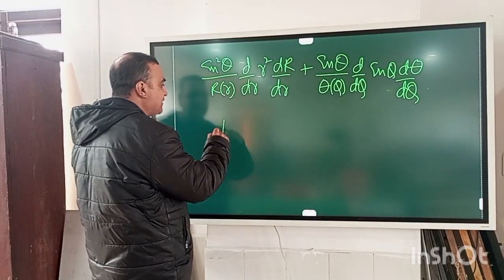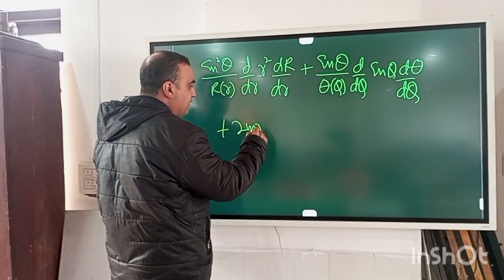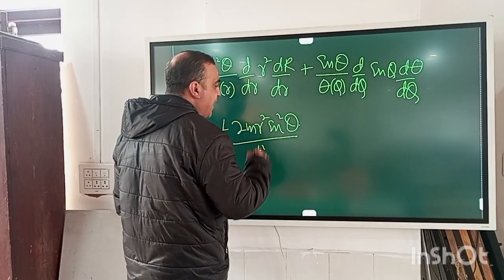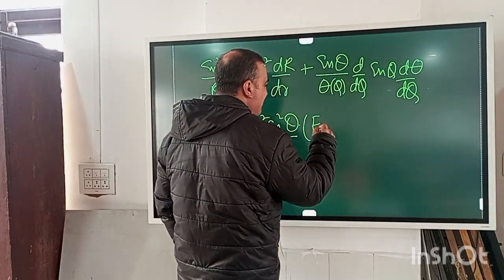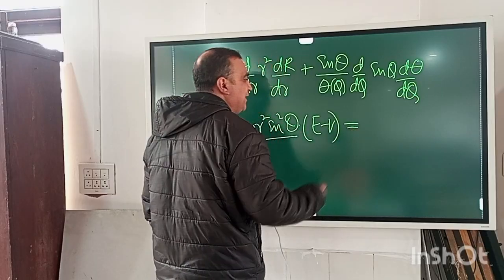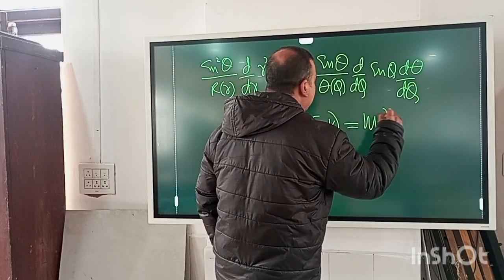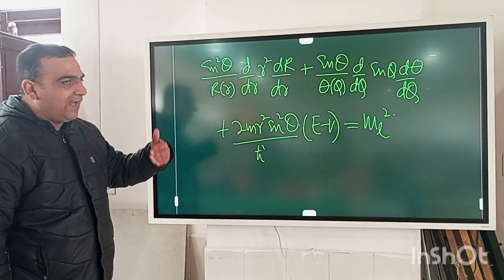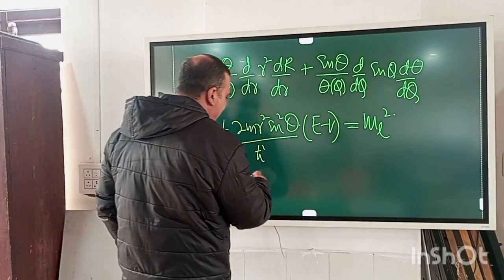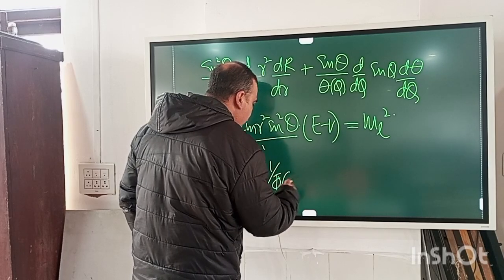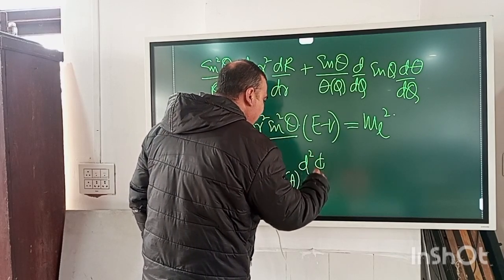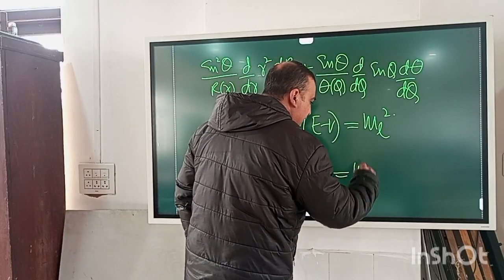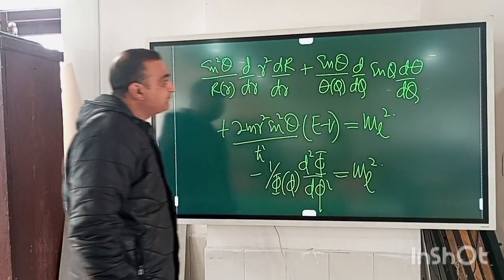Okay, then plus we will have 2m r square sine square theta by h bar square times e minus v. This must be equal to ml square. So this will frame our one equation, and the other side of the equation, which is minus 1 by phi of phi d2 phi by d phi 2, this must also be equal to ml square.